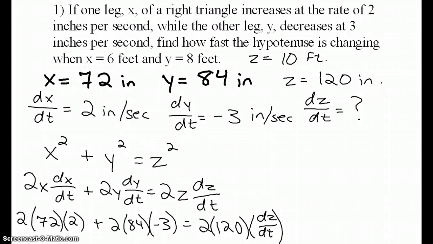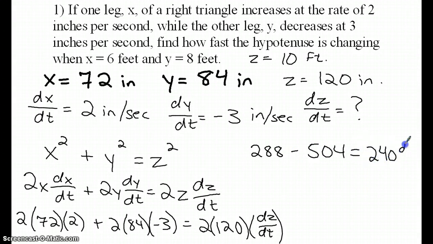Okay, so we multiply, add, come to our left side here. So that leaves us with 288 minus 504 equals 240 dz/dt.